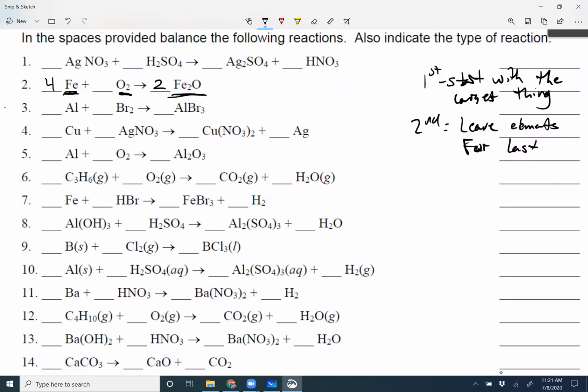So here's number 3, which is going to be our third tip. And that is what I call attack the odd.